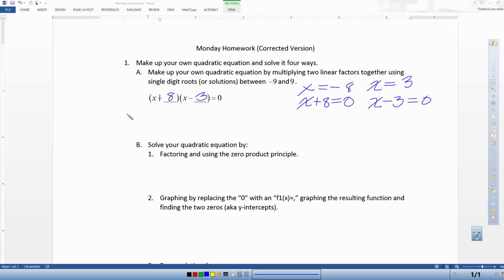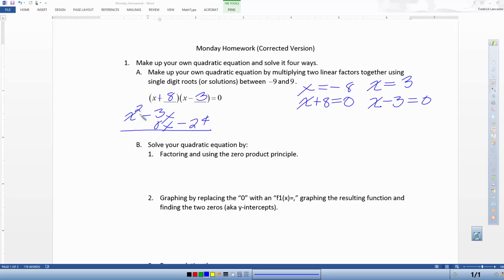X times x is x squared. X times -3 is -3x. 8 times x is positive 8x. And 8 times -3 is -24.